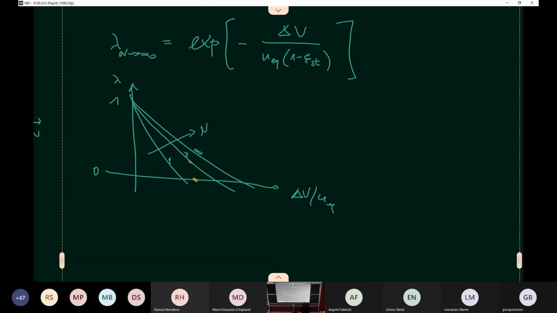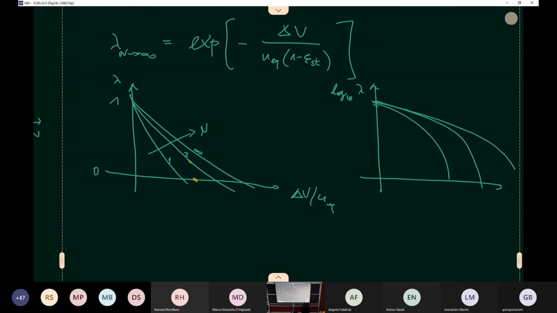And this same plot is also sometimes given in a log form, with, of course, the limiting value, which is this 0 here for lambda.